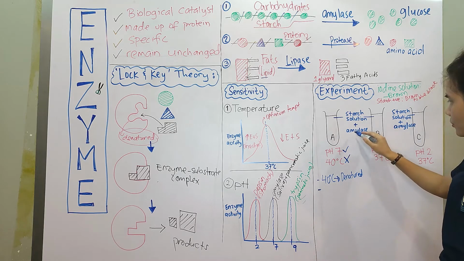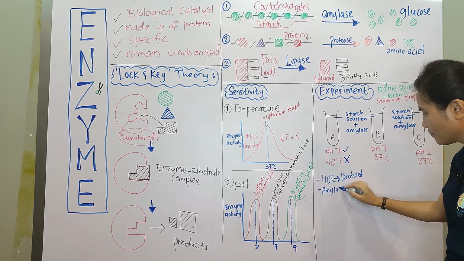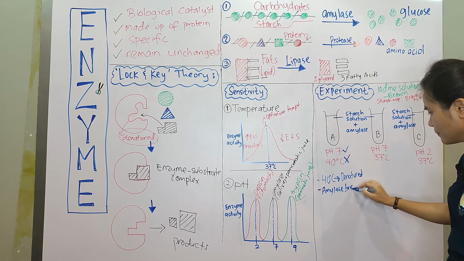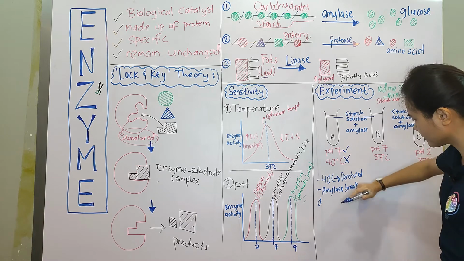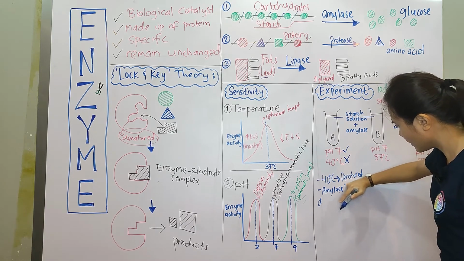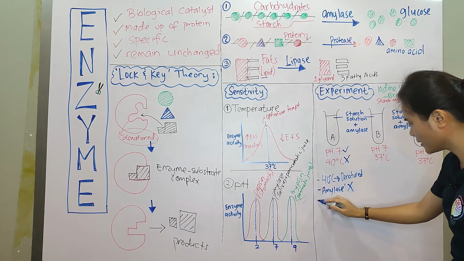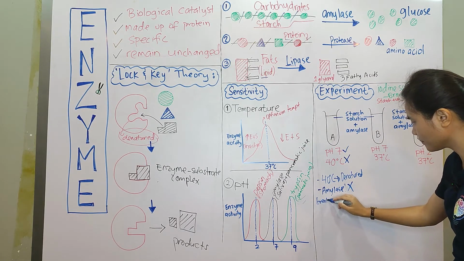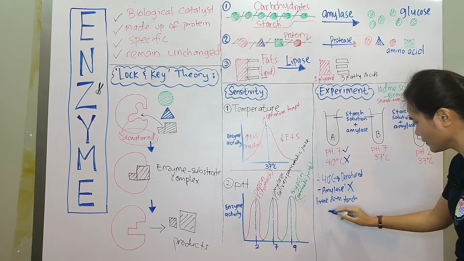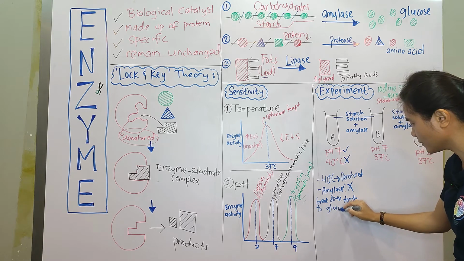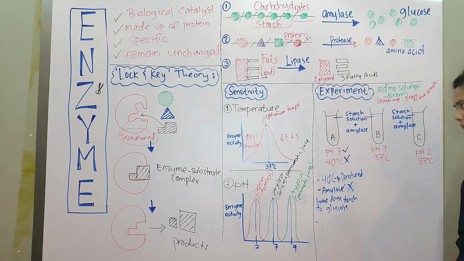Then what happened to the amylase? Amylase cannot break down starch to glucose.